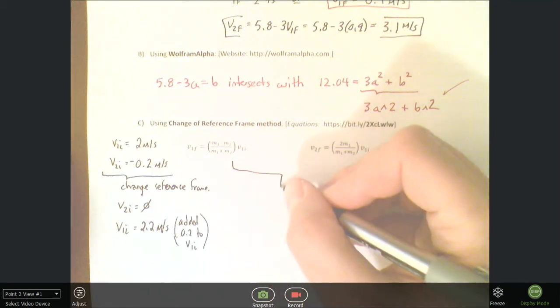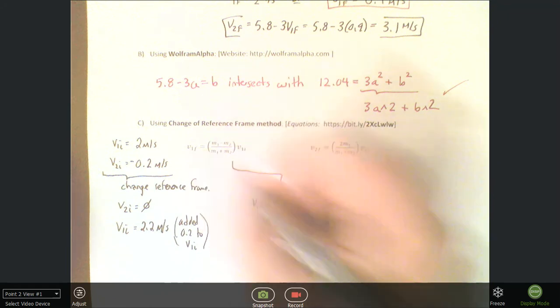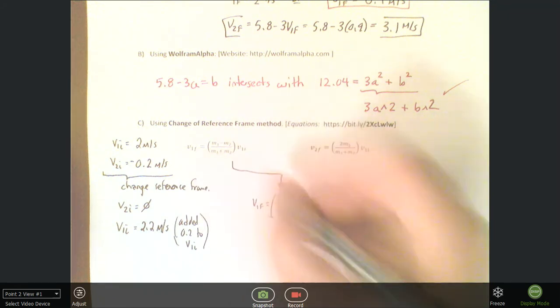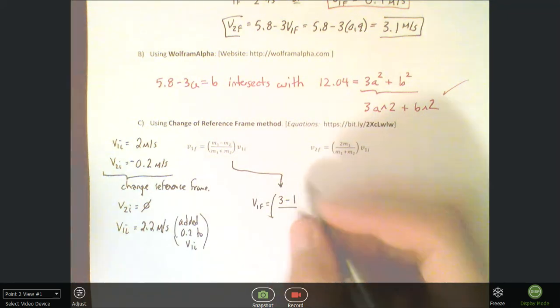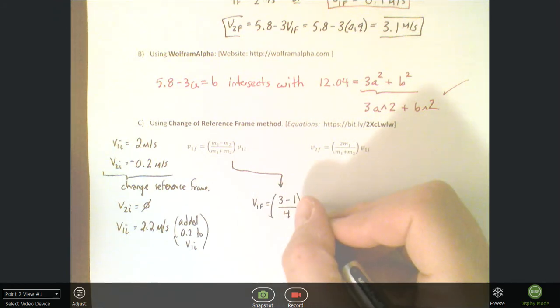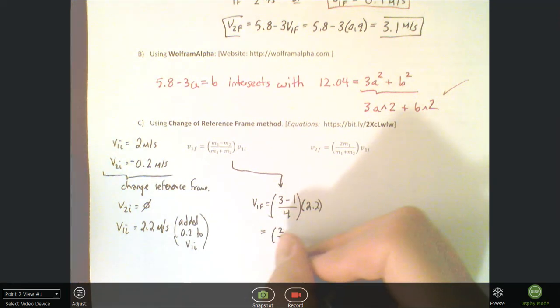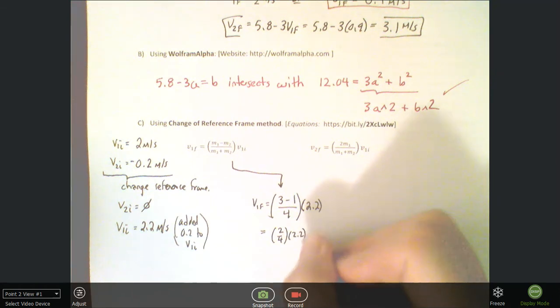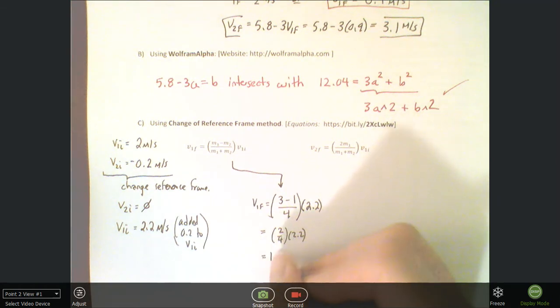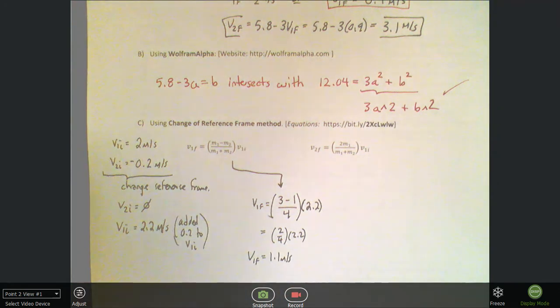Let's find out what V1F is. Well, V1F is M1, which was 3, minus M2, which was 1, over 3 plus 1, which is 4, times V1I, which is 2.2, and we get 2 over 4 times 2.2, which is 0.5 times 2.2, which is 1.1 meters per second. That's not our answer. That's not what we got.